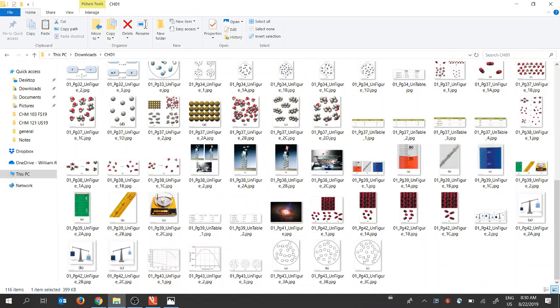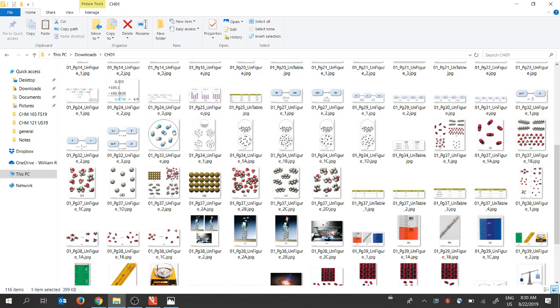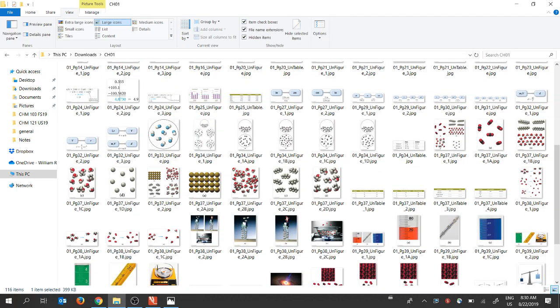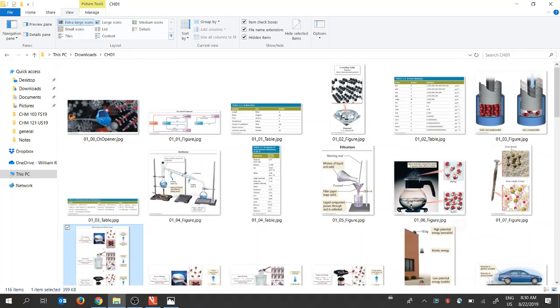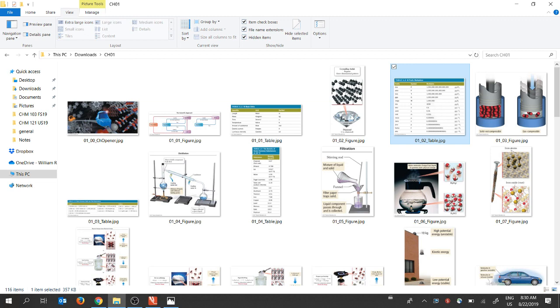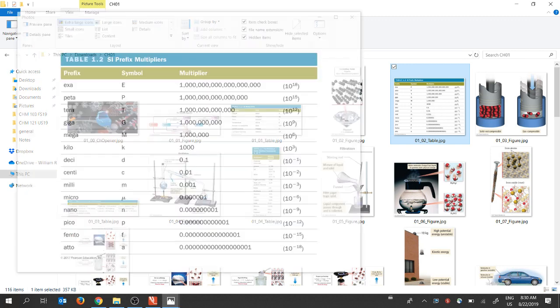I can't find my table here. There it is. I'm going to put these into the notes. Oops.